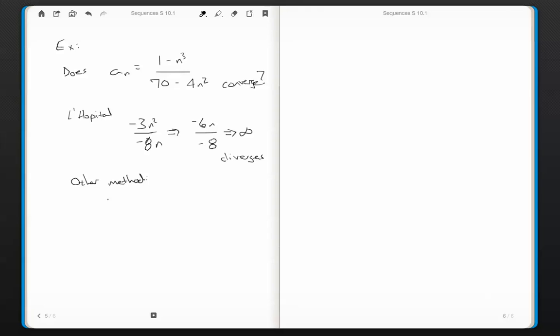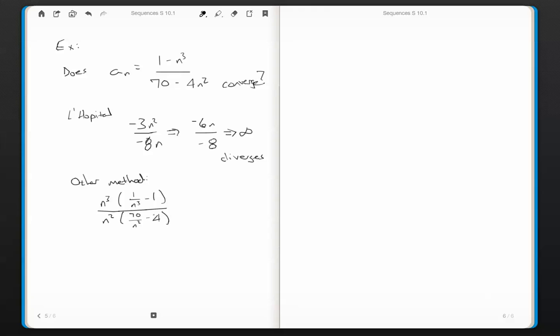Alternatively, let's say, another method. We could say I'm going to factor out an n cubed on top. So this is n cubed times 1 over n cubed minus 1, over factoring out of the bottom. No, I'm just going to factor an n squared out of the bottom because I can't get an n cubed out of there very handily. So this becomes 70 over n squared minus 4.